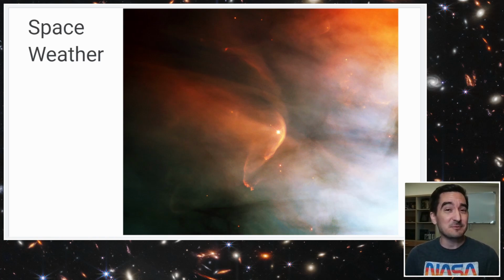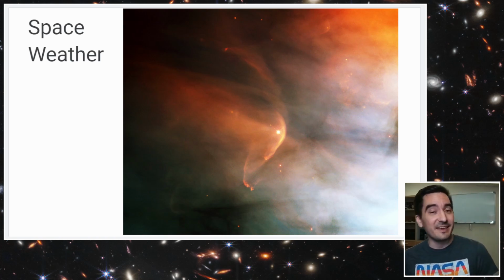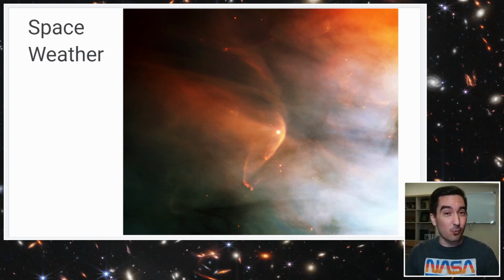And that's pretty cool. I don't know if you know that there's space weather. Did you know? Well, in space, there's actually wind. There's no rain, there's no thunderstorms, but there's wind and there's dust moving around and different stuff happening.